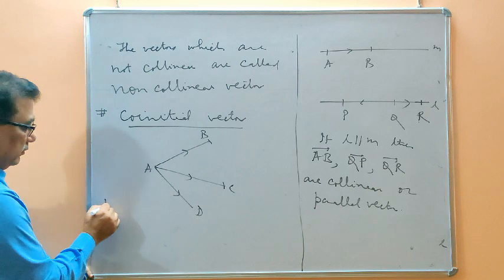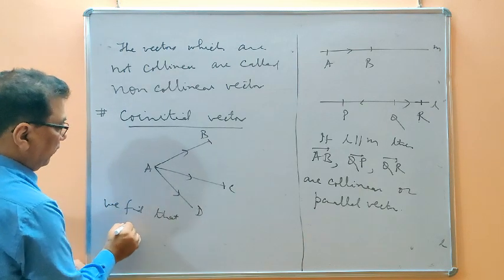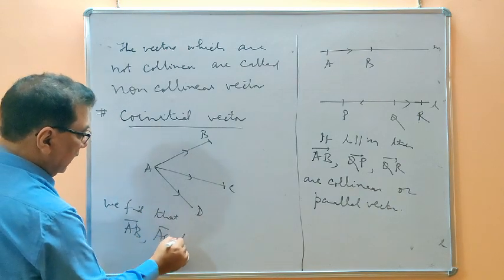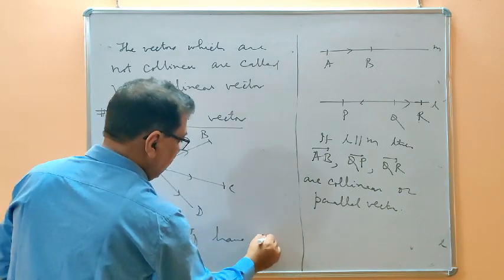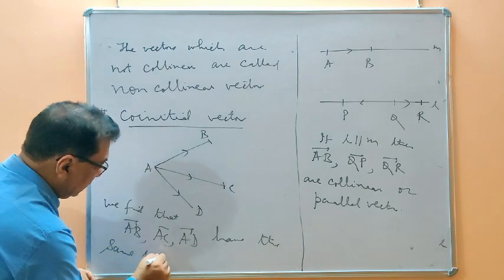So we find that vectors AB, AC, AD have the same initial point.